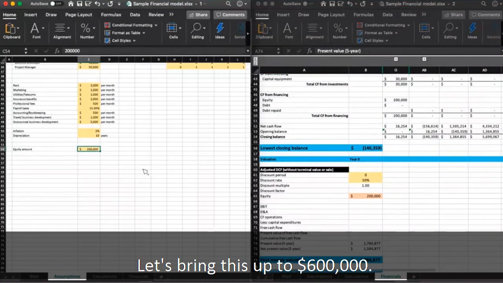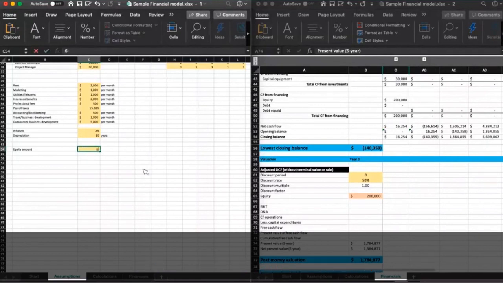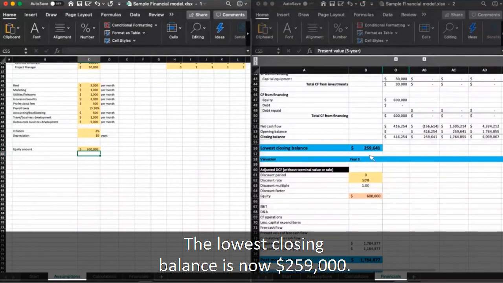Let's bring this up to $600,000. The lowest closing balance is now $259,000.